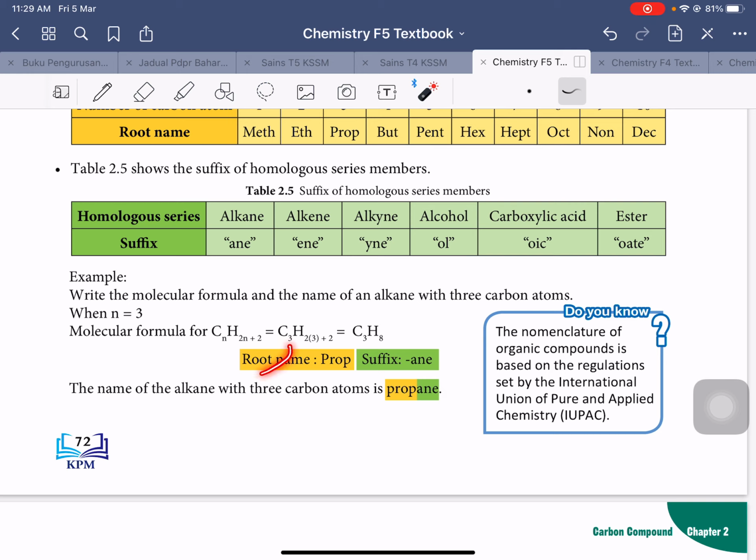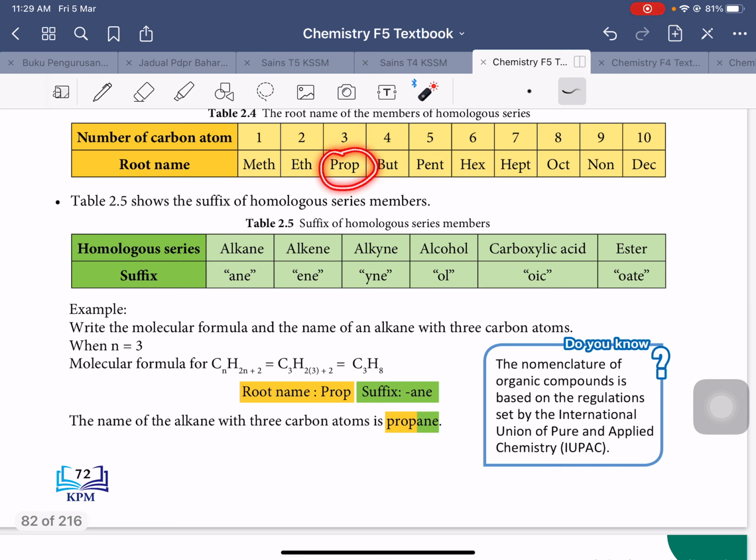Gantikan dia. 3 times 2, 6. 6 plus 2, 8. So, the formula will be C3H8. How to name it? The root name is prop. Dia punya suffix adalah ane. So, the name of alkane with 3 carbon atoms adalah propane.